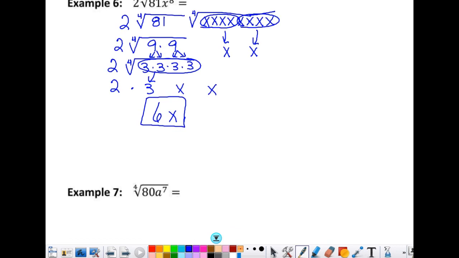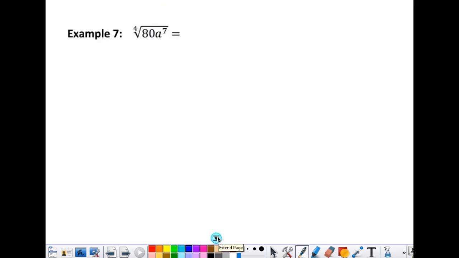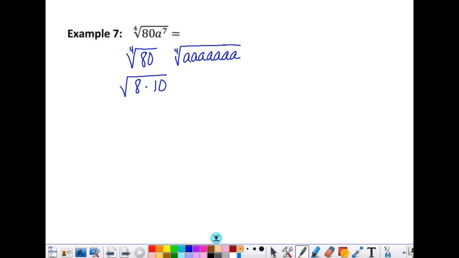Okay, so question 7 says take an 80 here, the 4th root of 80, and the 4th root of a to the 7th. So I'm going to count my a to the 7th, 7, okay? So now, you can use anything you want to. There's lots of things that multiply to make an 80.